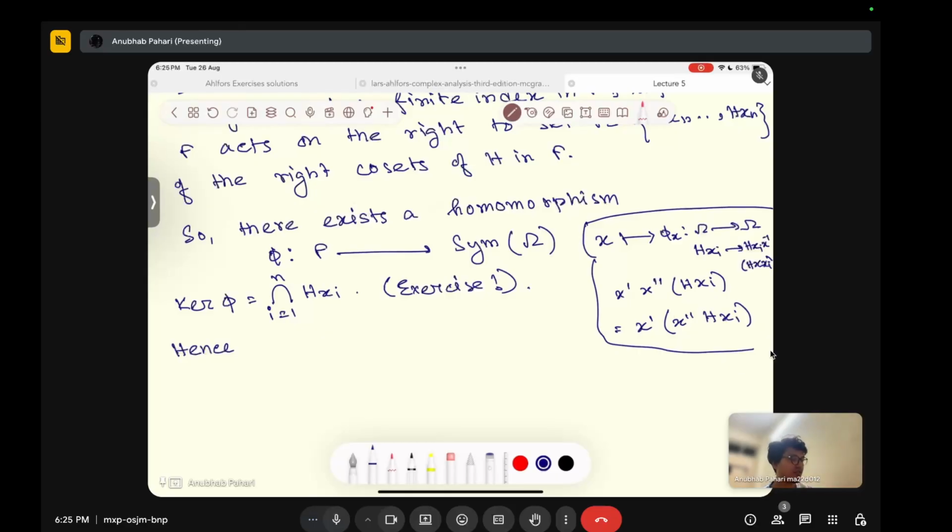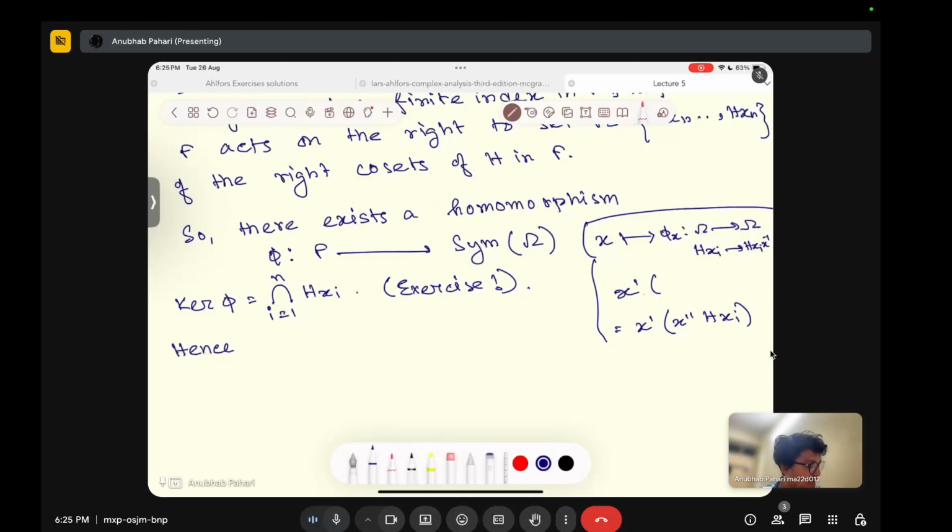Sir, can you explain it again? This map you have written on the right. Okay, let's start with this: Hxi goes to Hxi x inverse, right?